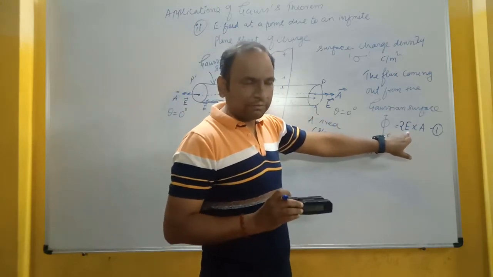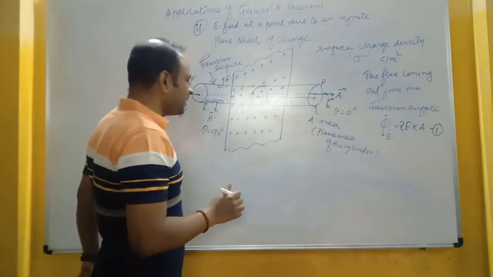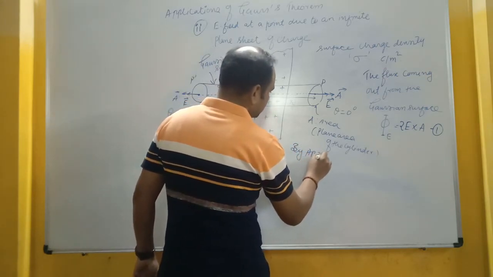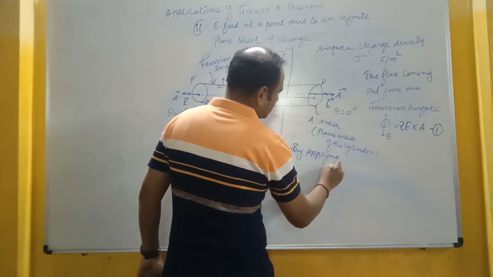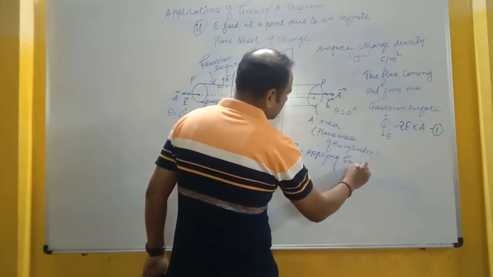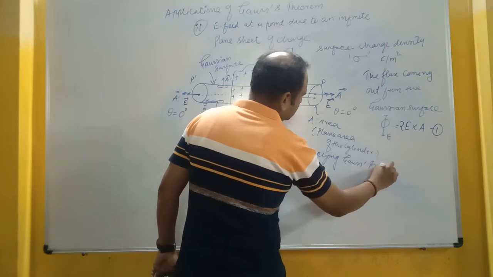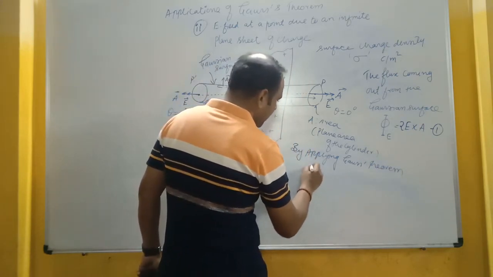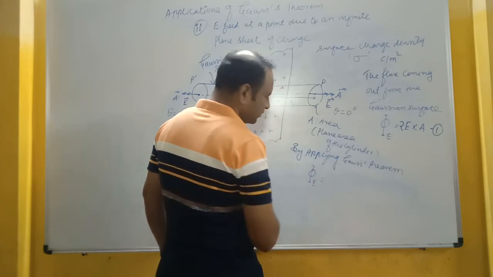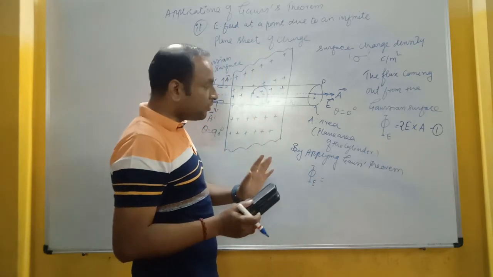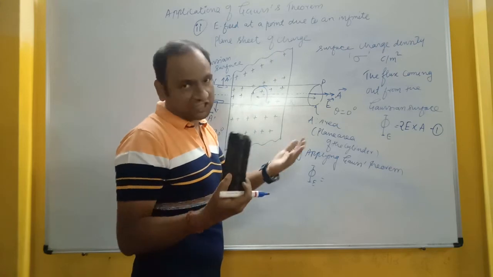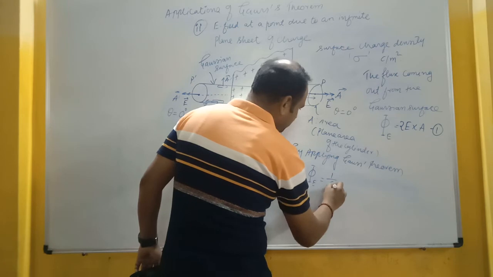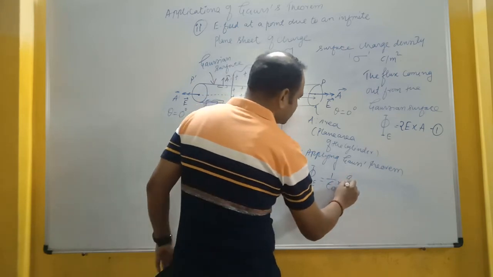So again by applying Gauss theorem, what I have here is phi E is equal to 1 upon epsilon 0 times the net charge present inside it.